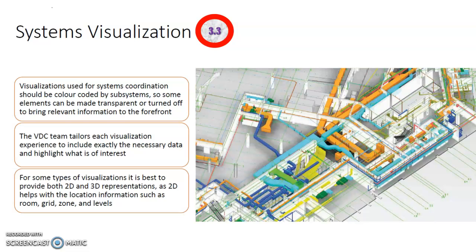The VDC team tailors each visualization experience to include exactly the necessary data and highlight what is of interest. For some types of visualizations, it is best to provide both 2D and 3D representations, as 2D helps with the location information such as room, grid, zone, and levels.